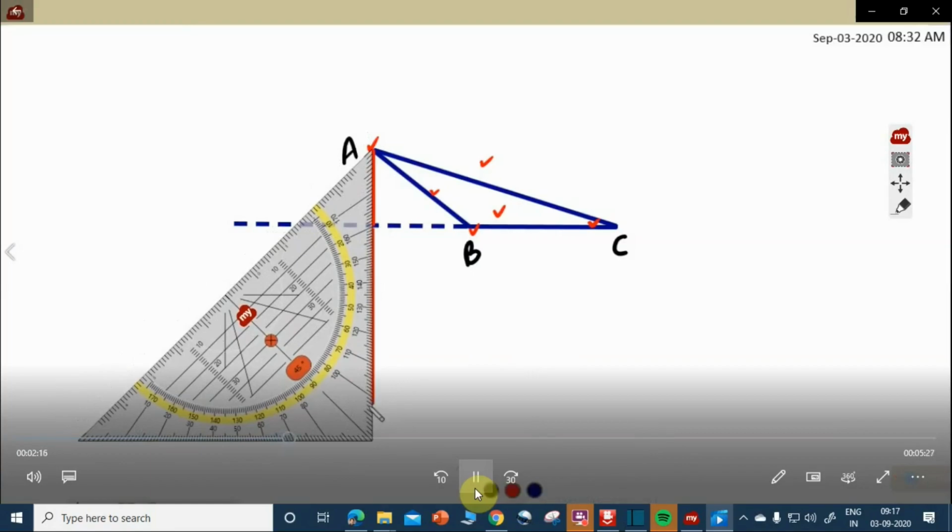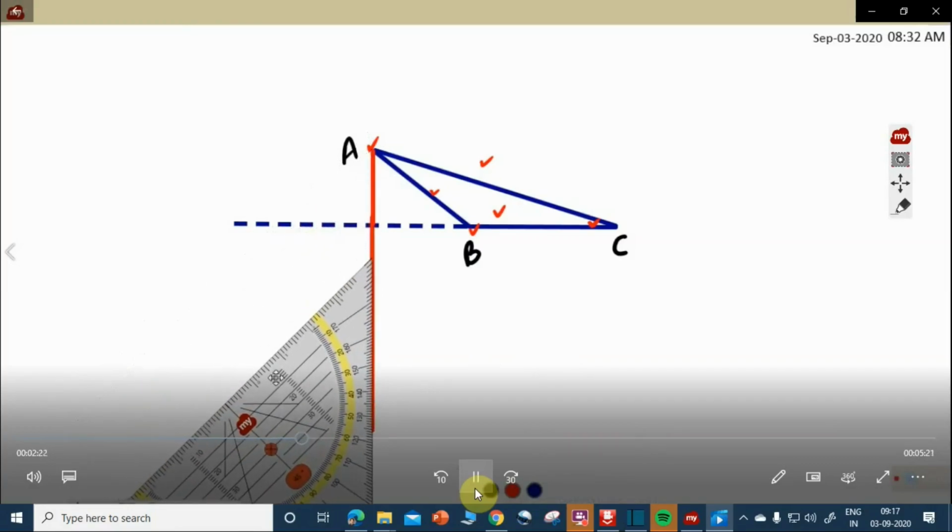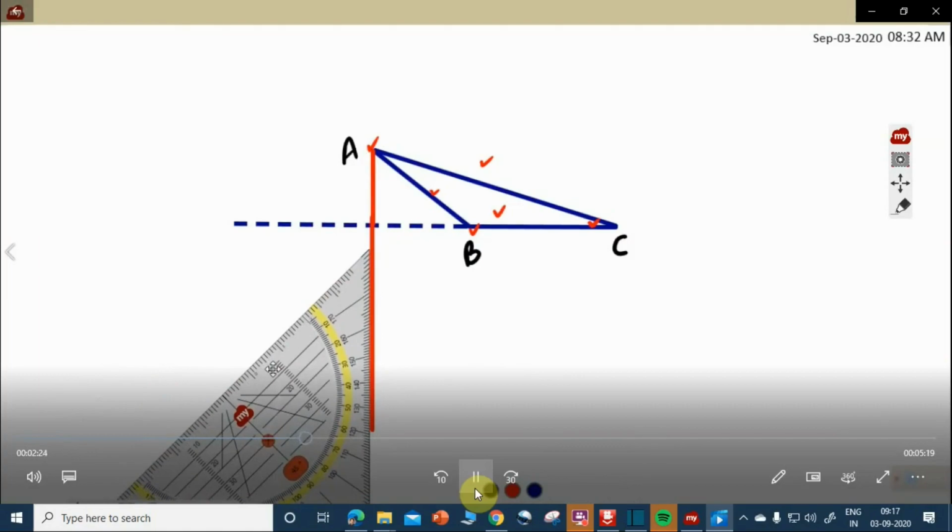So I'm extending it in such a way that the orthocenter may be somewhere down. That I will come to know only after drawing where exactly the point of concurrence is. The more accuracy we maintain, the more perfect that point would be.